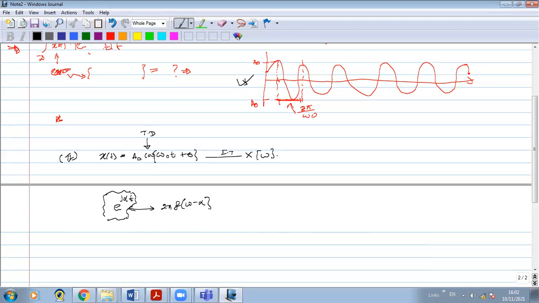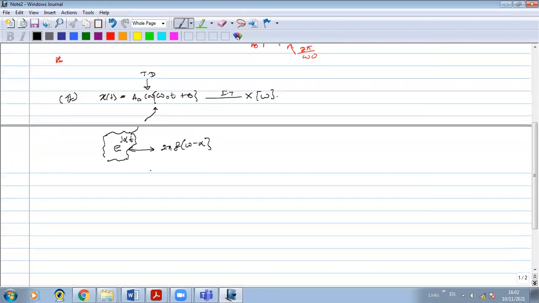We can use that fact to find the Fourier transform of this signal. You can find a relationship between this term and this term using the Euler formula.